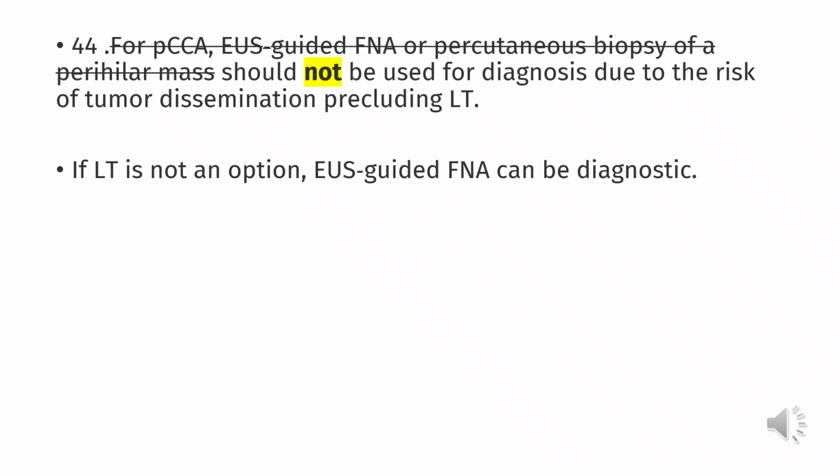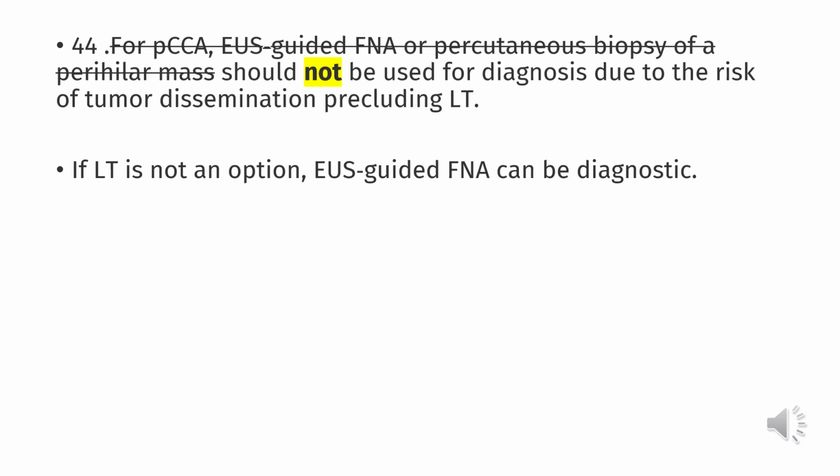This point is very important for perihilar cholangiocarcinoma. An EUS-guided fine needle aspiration or percutaneous biopsy of a perihilar mass should not be used for diagnosis. Why? Due to the risk of tumor dissemination precluding liver transplant.